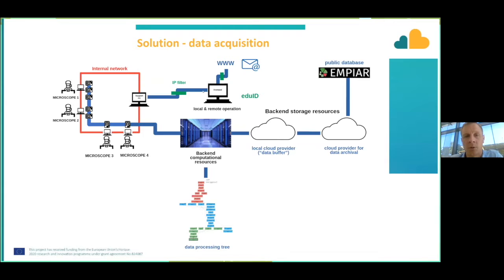The connection between this internal network and that front end is then secured, and we use either the eduID for the secured login, or we now also use Google or ORCID identity to log into that service.